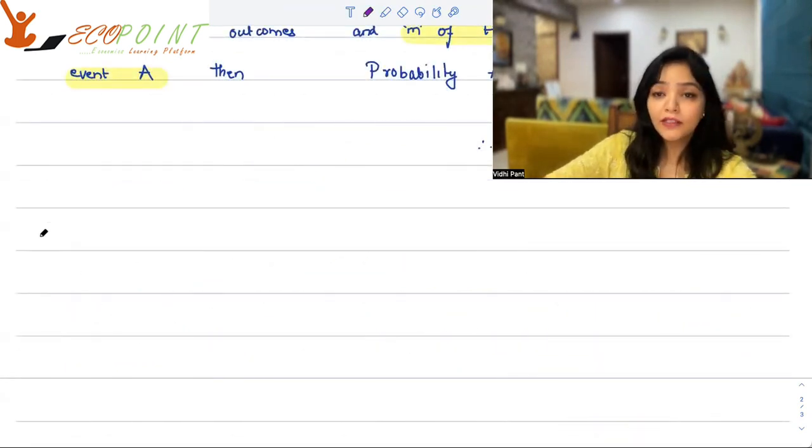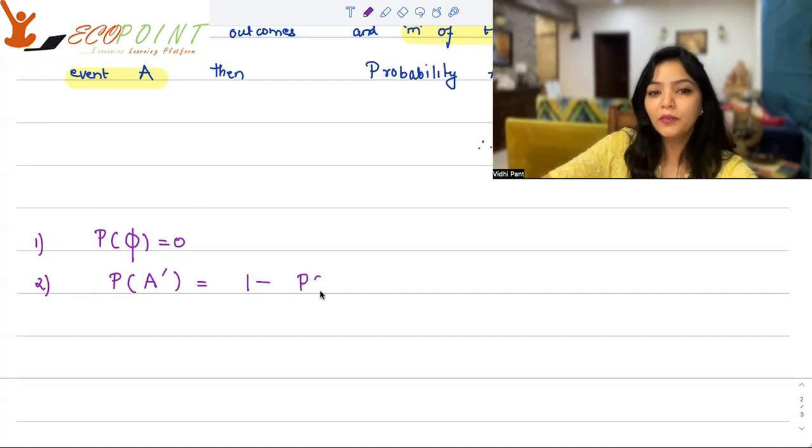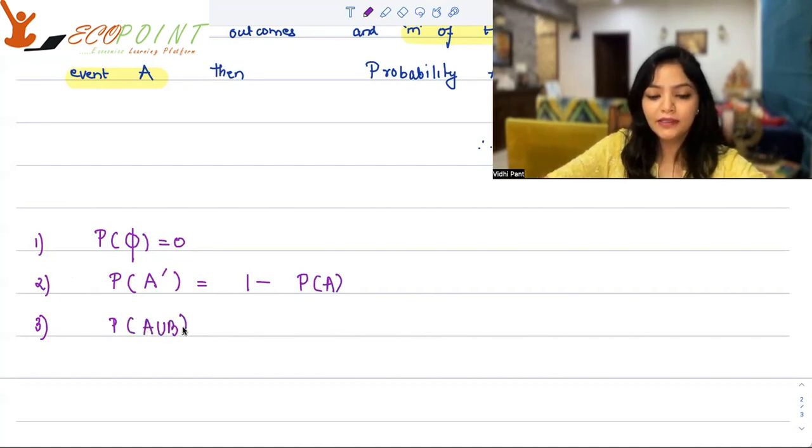A few more things that you should keep in mind. Number one, probability of the impossible event is 0. Number two, probability of a complement, everything that is not in event A, will be 1 minus the probability of A. Number three, probability of union of two sets.